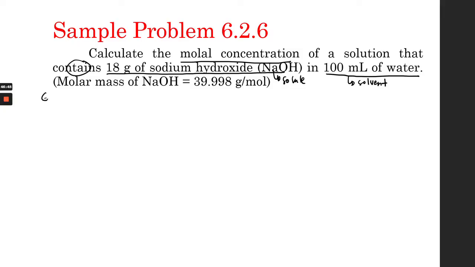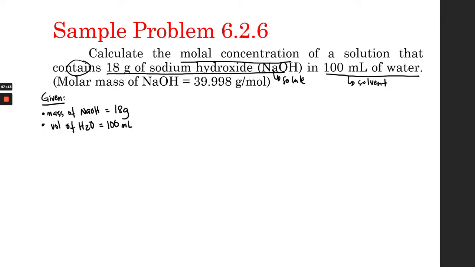So let's write our given. We are given that the mass of our solute is 18 grams, and we are also given the volume of H2O, which is our solvent, which is 100 ml.